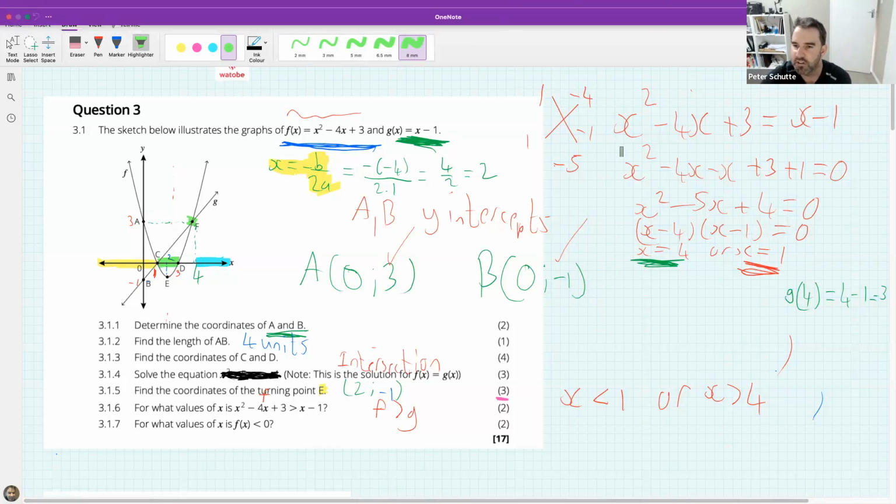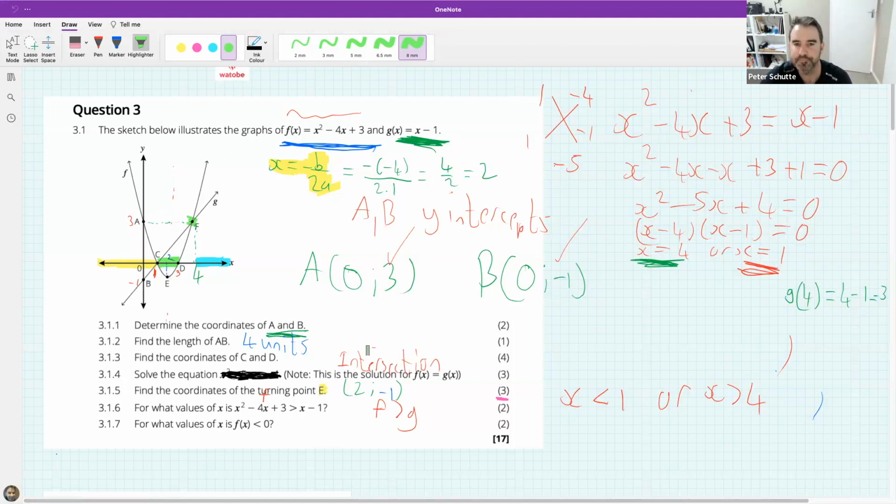I'm waiting for those lovely answers to pop in. So it's not going to be 2, because remember, I'm describing for what values of x. I want to describe the green region here. So how would I describe that region?